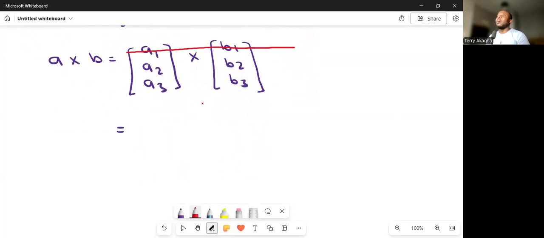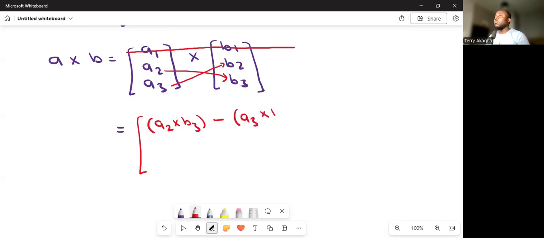So you're going to have these two now. You're going to apply the same thing we did in two dimensions. So it's going to be A2 times B3 minus A3 times B2. Are you seeing it?